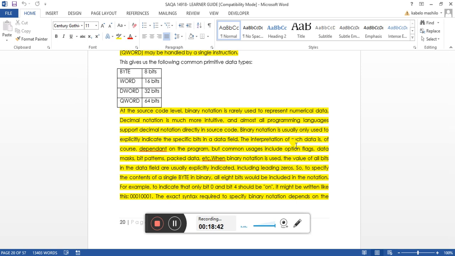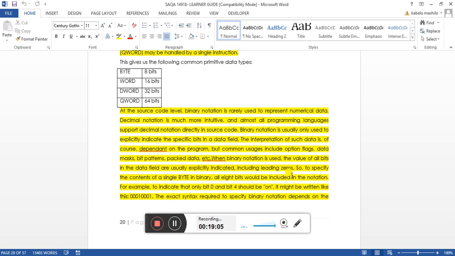The interpretation of such data is, of course, dependent on the program, but common usages include option flags, data masks, bit patterns, packed data, etc. When binary notation is used, the values of all bits in the data field are usually explicitly indicated, including leading zeros.